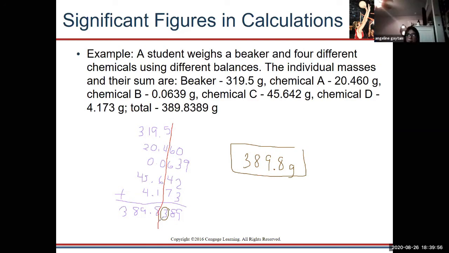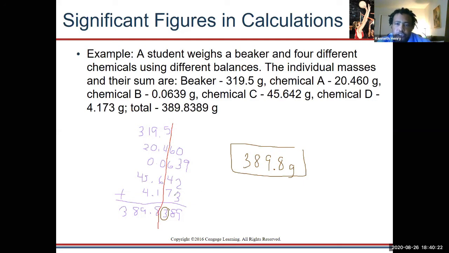Once you draw that line, this number here only tells us if we're going to round this number up or leave it alone, right? Everything else after that, you're just going to drop it. You're not going to even put it there. You're just going to put the units. That's because the numbers here are even more uncertain.